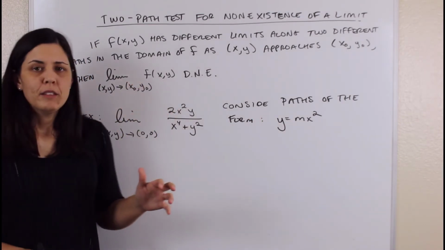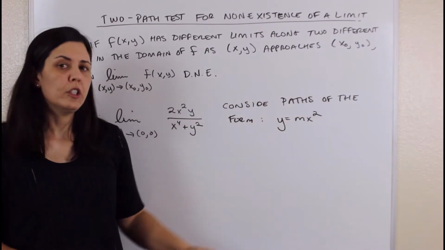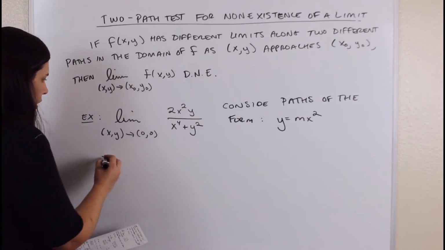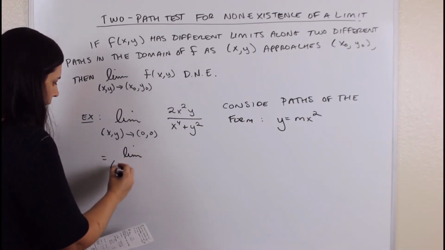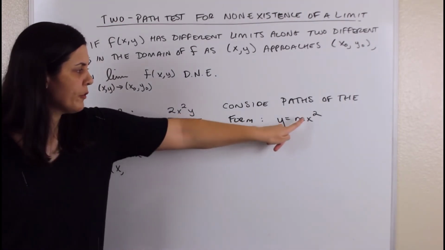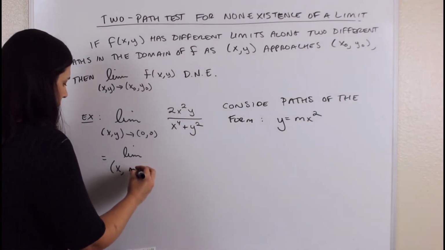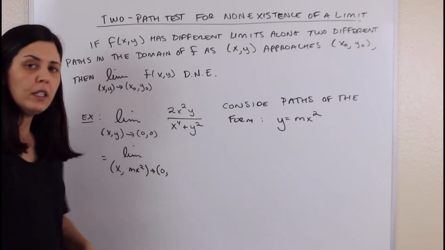So I want to pick paths of this form, and I had to analyze this to know that this was a good choice, because watch what happens when we do. So we're going to adjust our limit here. The limit as (x, y) with our paths for y looking like mx squared, so (x, mx squared) approaches (0, 0).